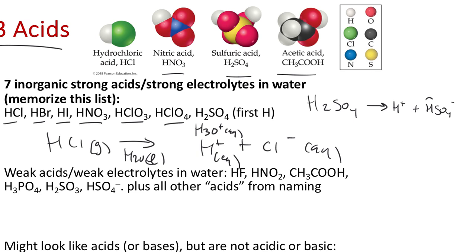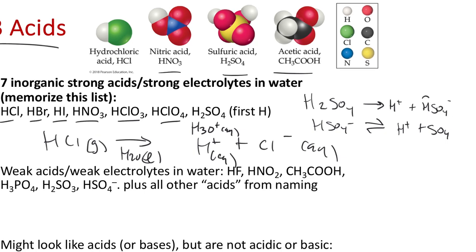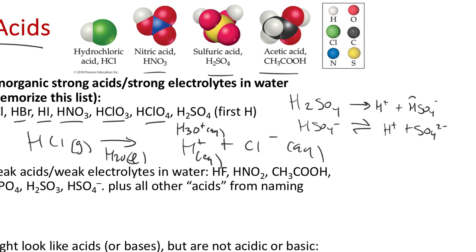So we're going to see HSO4 minus is what we call a weak acid, meaning we get partial dissociation. Anytime we have a partial reaction, we'll write an equilibrium arrow to imply that we always have some of the reactant, the HSO4 minus, still. So the second H plus just doesn't come off 100% of the time in solution for sulfuric acid.